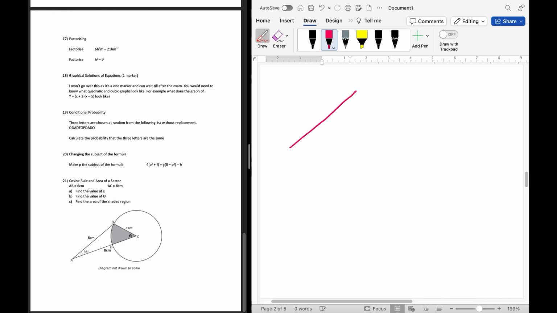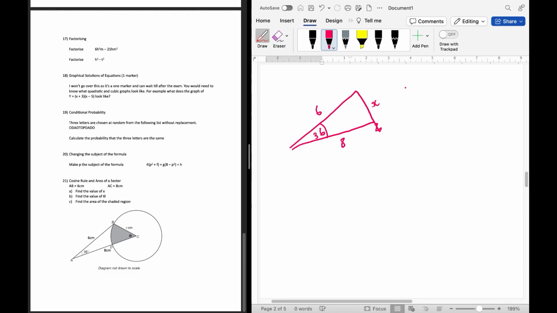So let's just get bits done that I think we're okay with. So if this is 8, this is 6, this is 36, and this is what we want to begin with to work out, okay? All right, it's a general drawing, but go with it.